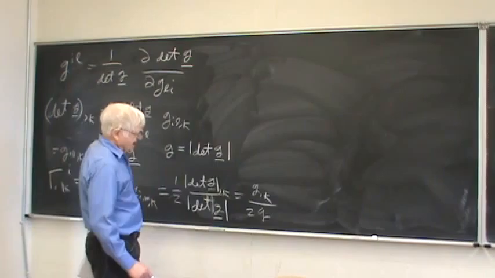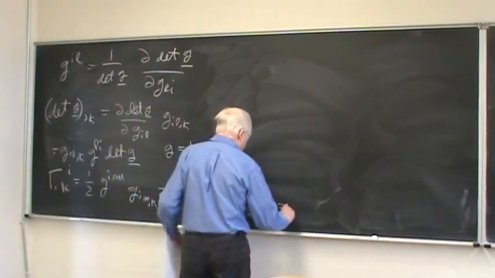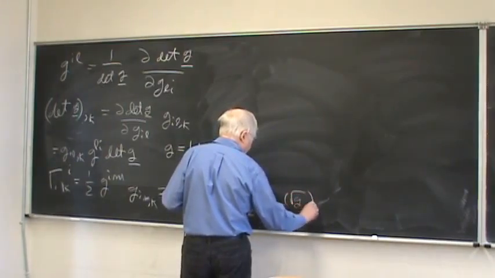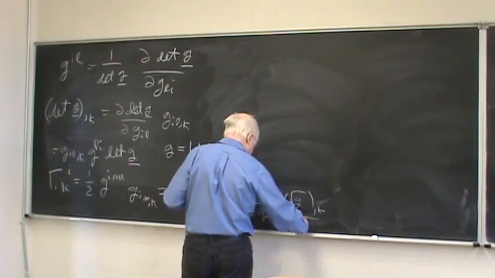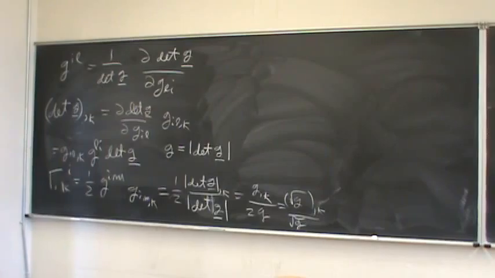And the next thing is, well, we don't like this 1/2, and so we use square root of G comma K over square root of G. If you do the arithmetic, you see this is the same thing.